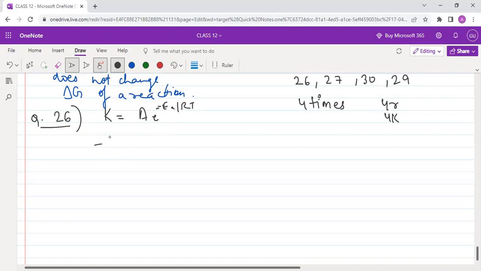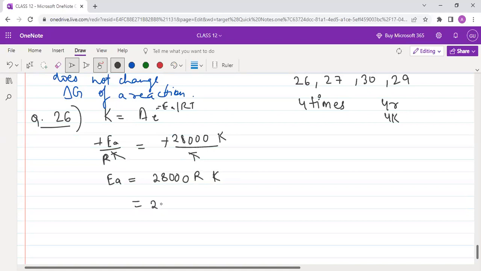So you must have got minus EA by RT equals minus 28,000 Kelvin by T. Now you must have cancelled temperature, and then minus minus will get cancelled, and then the activation energy will become 28,000 into R, and K is also there.